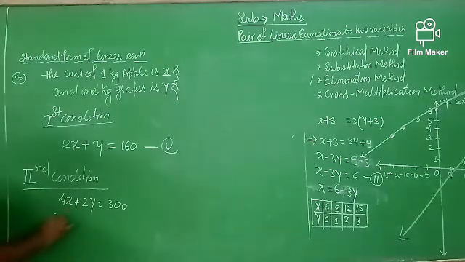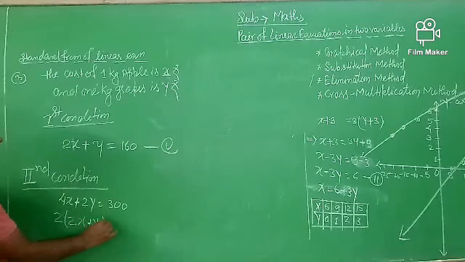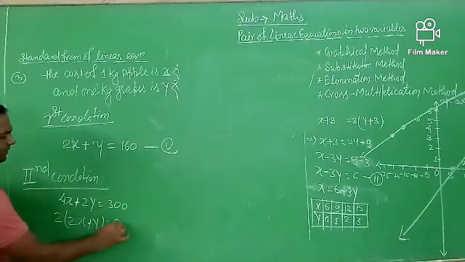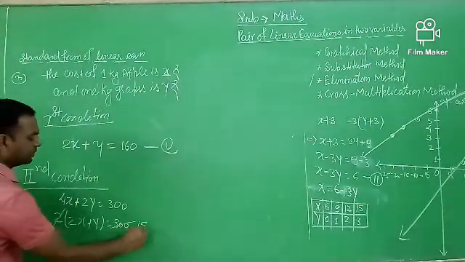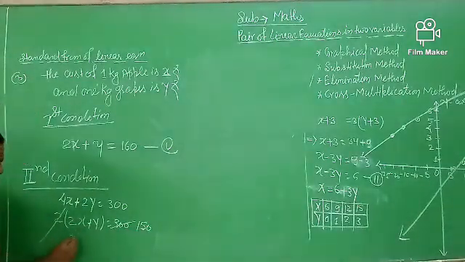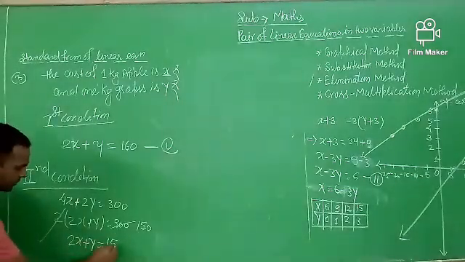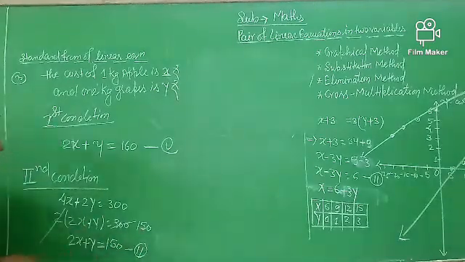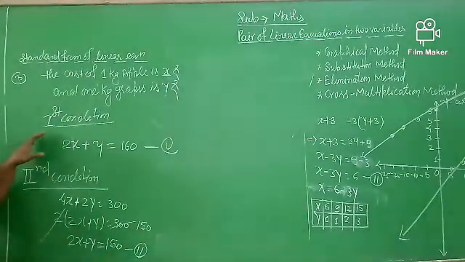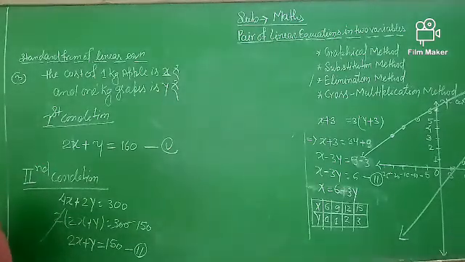You can take the common factor 2, so this is 2x plus y is equal to 300 divided by 2, that is 150. So 2x plus y is equal to 150, equation number second. These are the algebraic representations of both equations in the form of x and y.